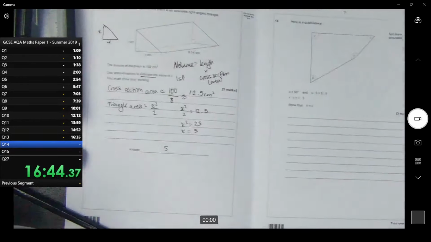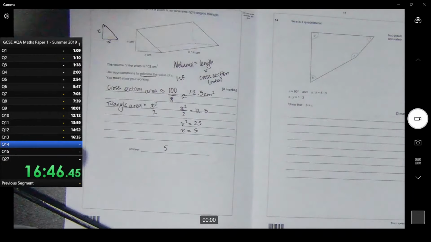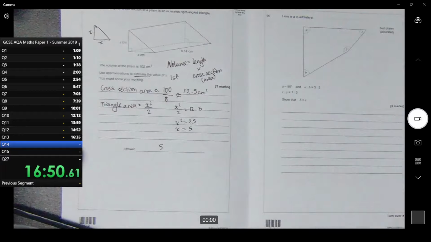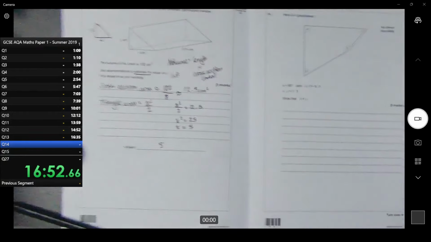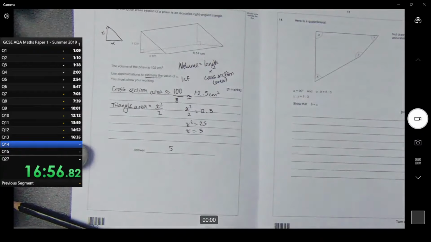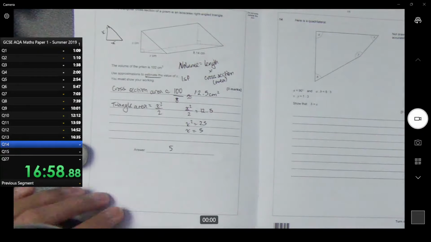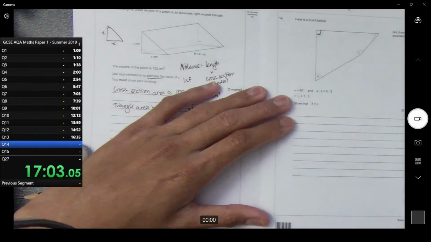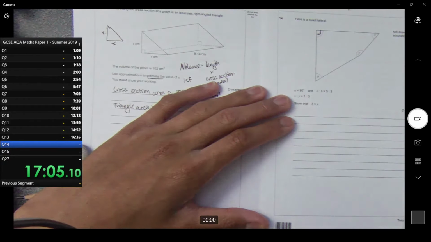Okay, next question, 14. So we got a quadrilateral, and A is 90, and A to B is 5 to 3. X to Y is 1 to 3.